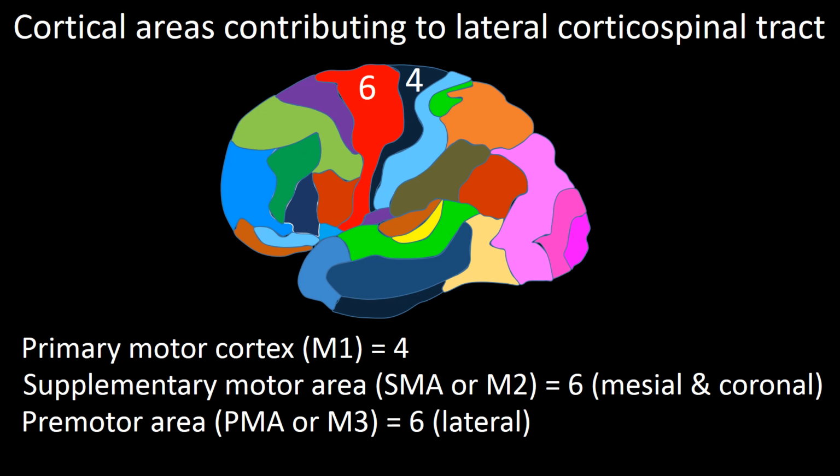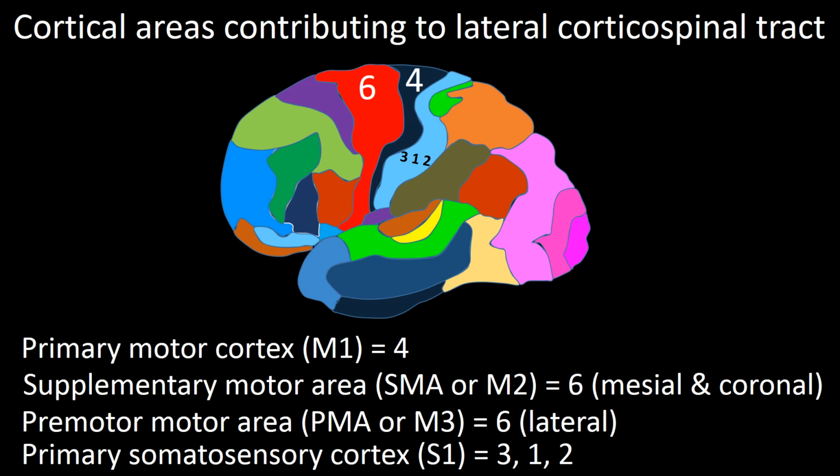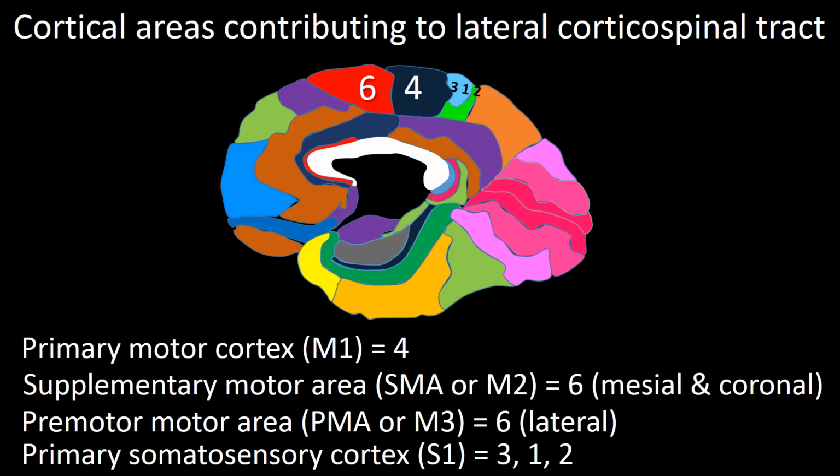The fourth major contributor to the corticospinal tract is the primary somatosensory cortex, which consists of Brodmann areas 3, 1, and 2. It is present in the lateral surface of the hemisphere, and also in the mesial aspect of the cerebral hemisphere.